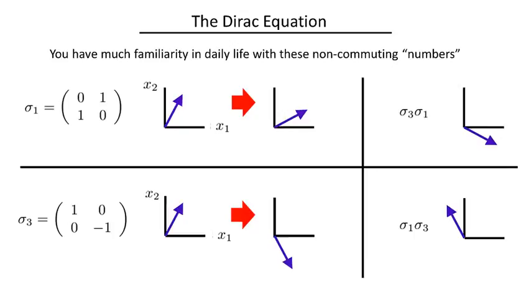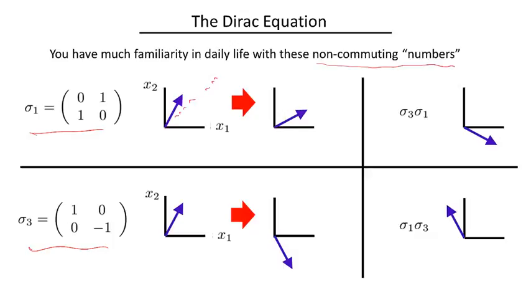But we're quite used, in quantum mechanics, to using linear operators. And so, for example, here are choices of alpha and beta. You can choose sigma 1 to be alpha and sigma 3 to be beta. These are the so-called Pauli matrices. And this has a very straightforward geometric interpretation. So you're familiar with non-commuting operations.